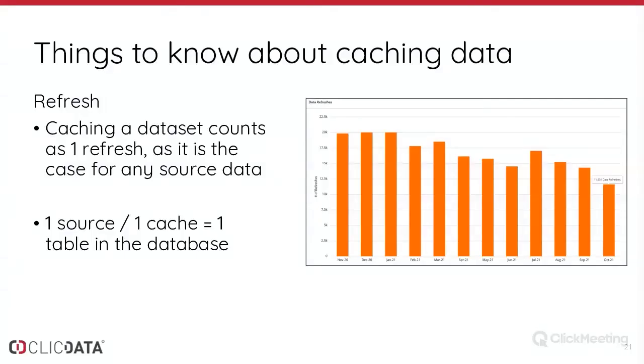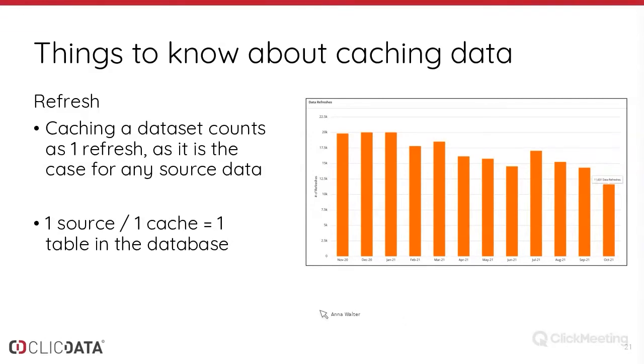The last thing to know about caching data: we said it counts in the storage of your account. The other thing to know is that it counts in refreshes as well. Why is that so? Every time you have a source refreshing on your on-click data, it costs a refresh.